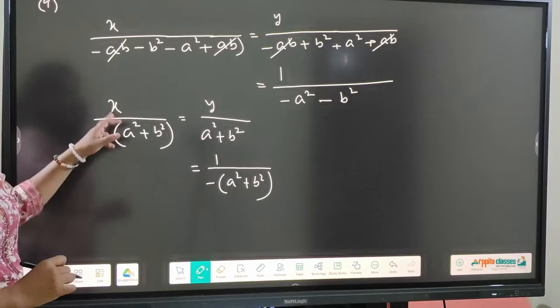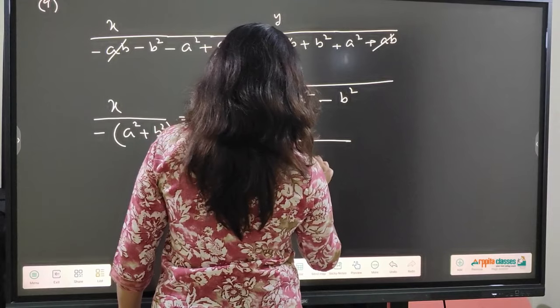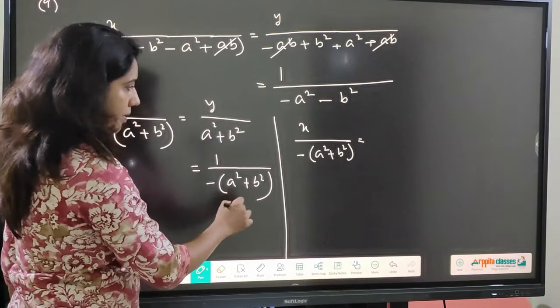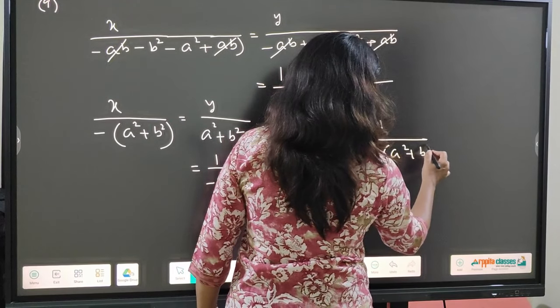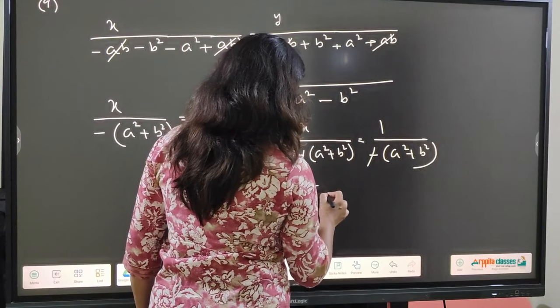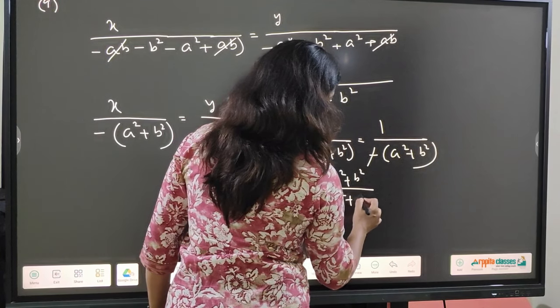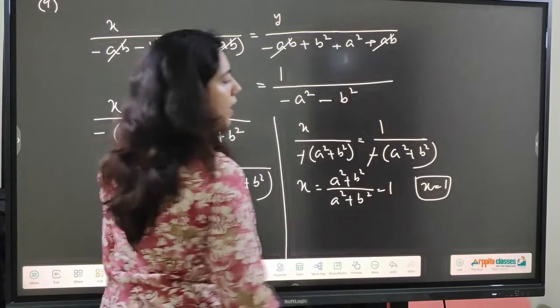Okay, so now x upon this, we'll write x upon minus a square plus b square is equal to the constant term, that is 1 upon minus a square plus b square. Minus and minus gets cancelled, a square plus b square goes that side, so x is equal to a square plus b square upon a square plus b square, that gives you 1. So the value of x is coming 1.